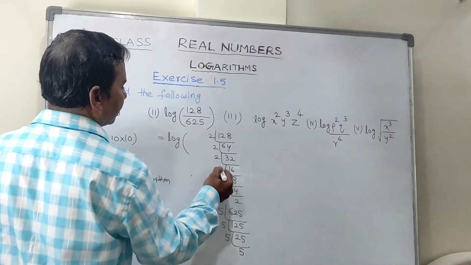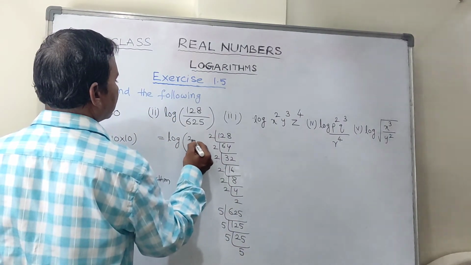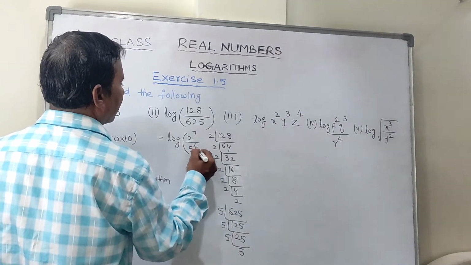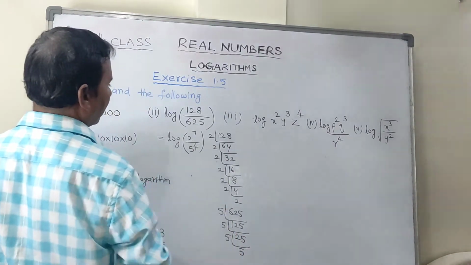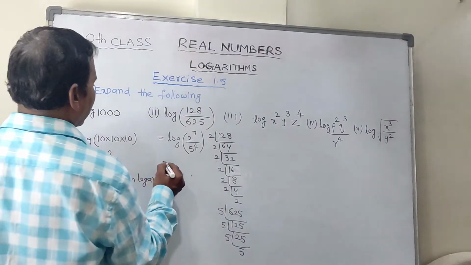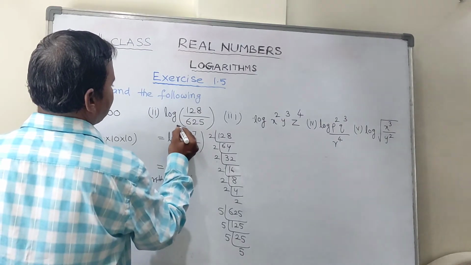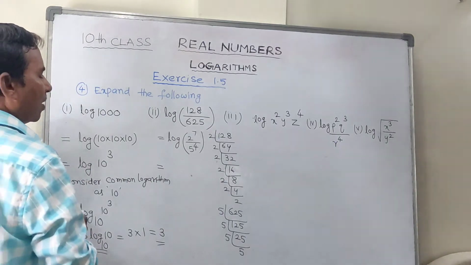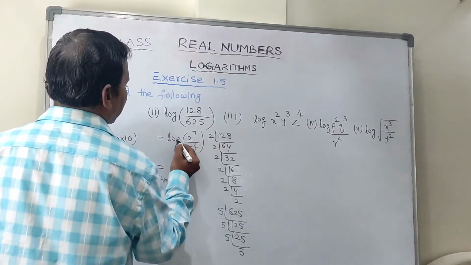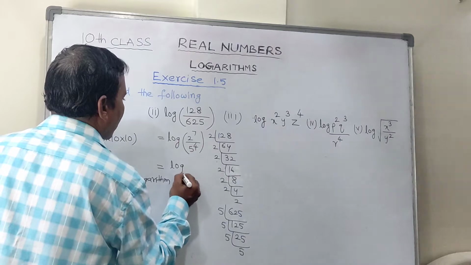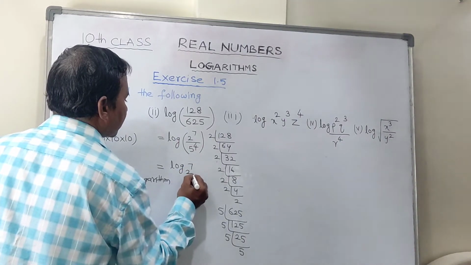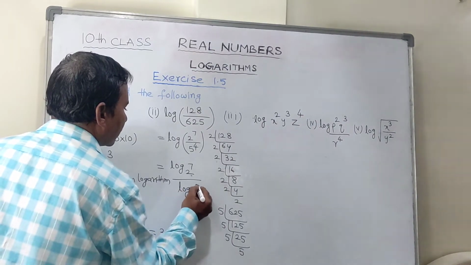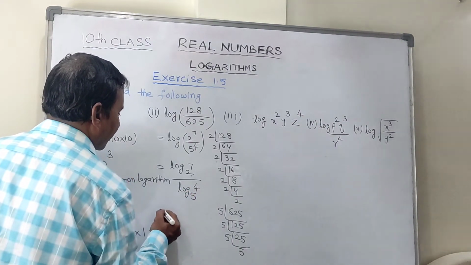So 1 2 3 4 5 6 7 means 2 to the power of 7 divided by 5 to the power of 4. Here base is not given for these problems, means apply the formula directly. Apply the formula directly means it becomes log 2 to the power of 7 by log 5 to the power of 4.